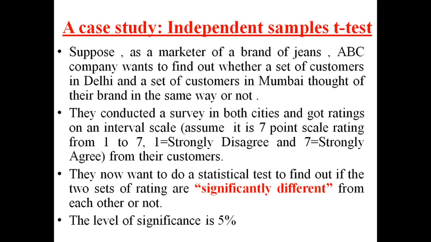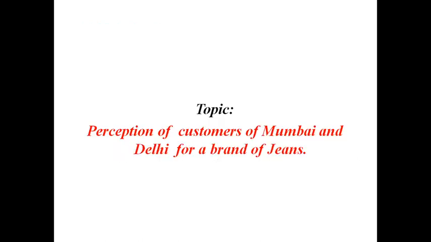Assume it is a 7-point scale, rating from 1 to 7, where 1 is strongly disagree and 7 is strongly agree. They now want to do a statistical test to find out if the two sets of ratings are significantly different from each other or not. The level of significance assumed is 5%.